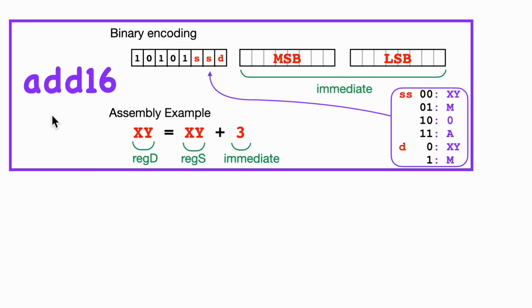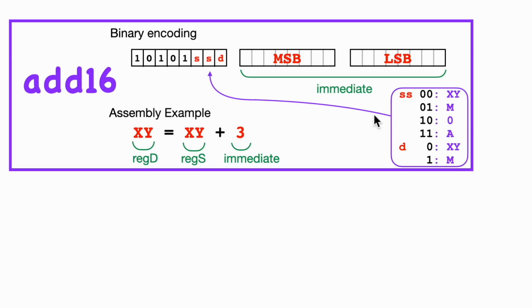Now we have the add 16 instruction, which performs a 16-bit addition. The result is stored either in the XY or the M register. The addition is the sum of the 16-bit immediate value with either the value that's in the XY register, or the value that's in the M register, or the value that's in the A register, which is treated as an unsigned value, or with 0.